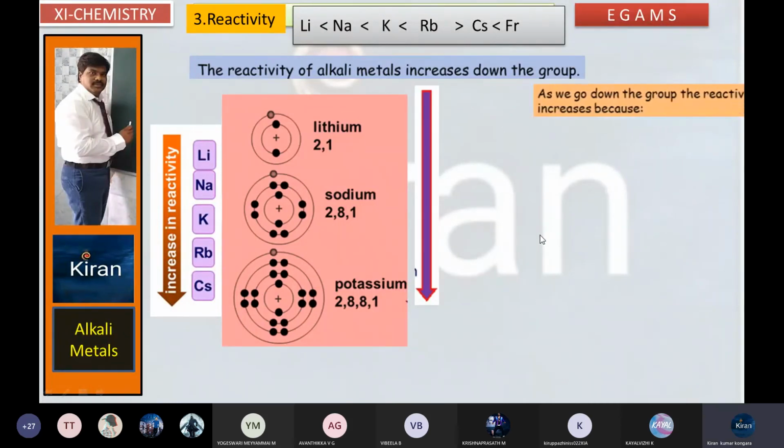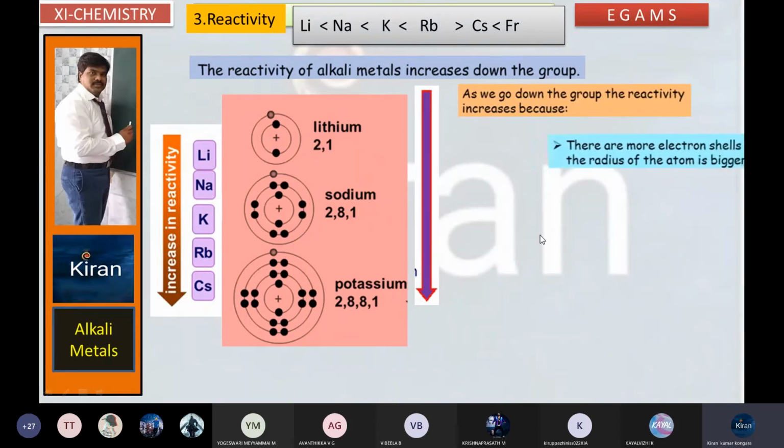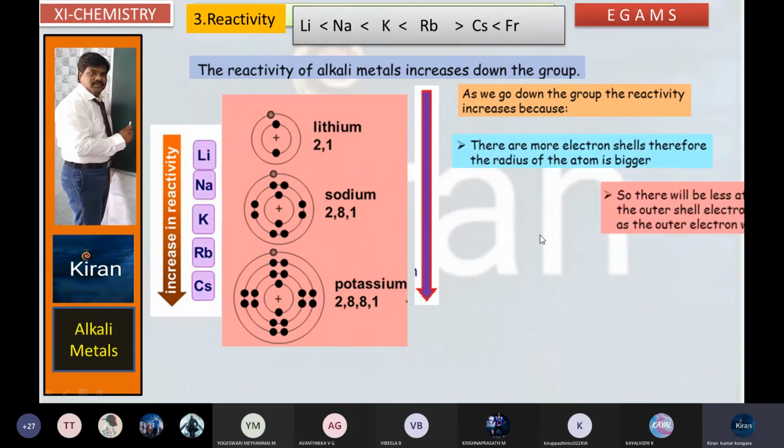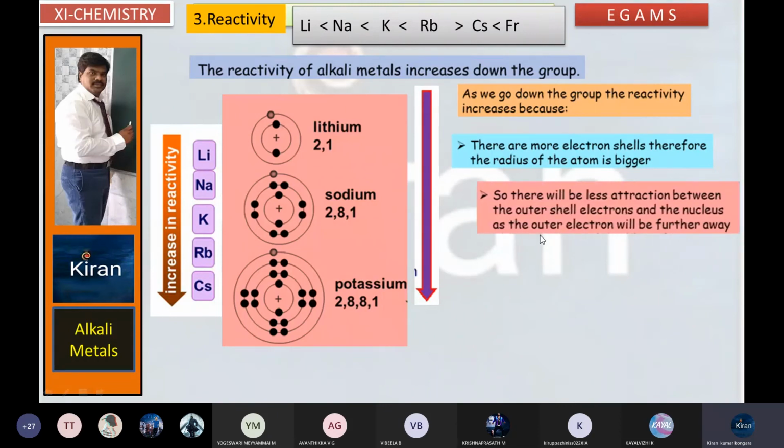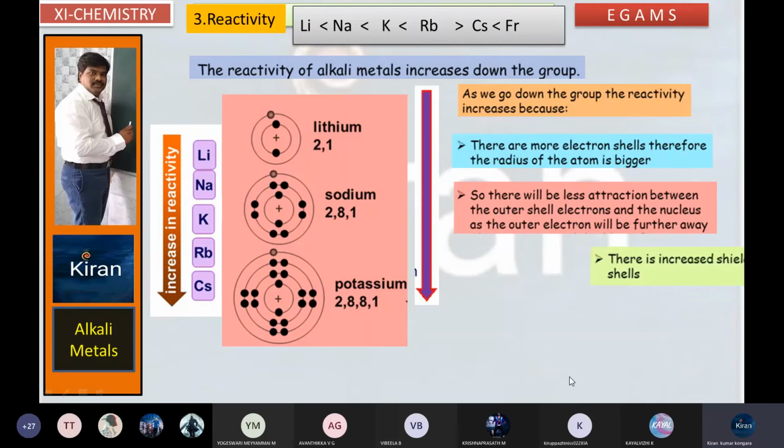As we go down the group, the reactivity increases because there are more electron shells, therefore the radius of the atom is bigger. So there will be less attraction between the outermost shell electrons and the nucleus, as the outer electrons are further away. There is also increased shielding of inner shells.